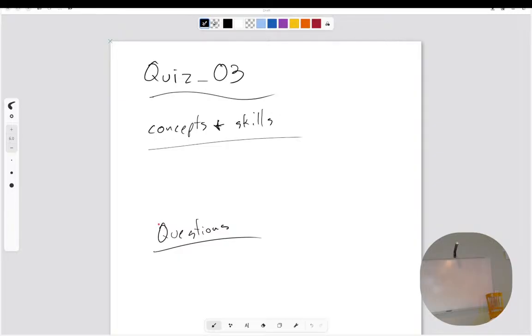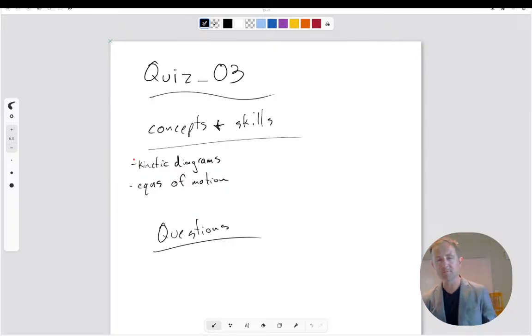Yeah, exactly. So far I've seen equations of motion, kinetic diagrams.